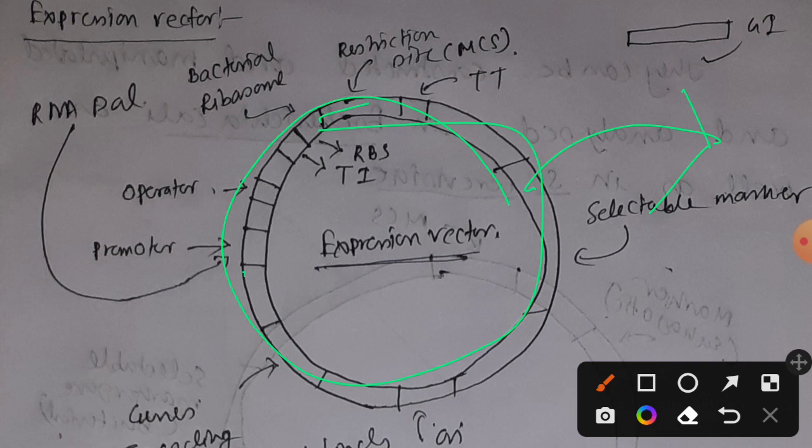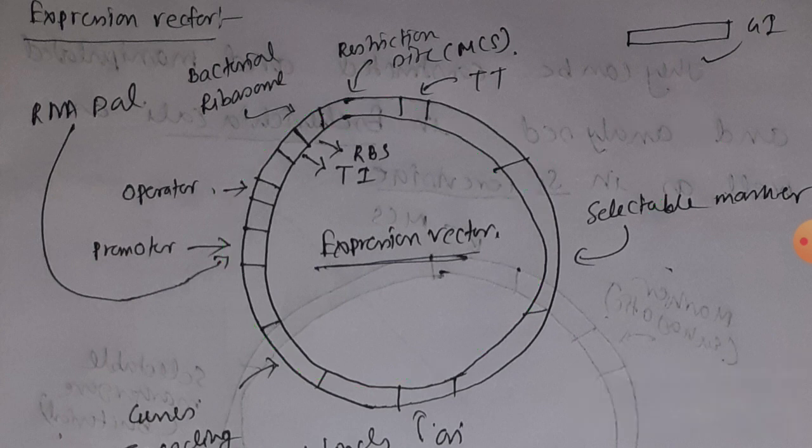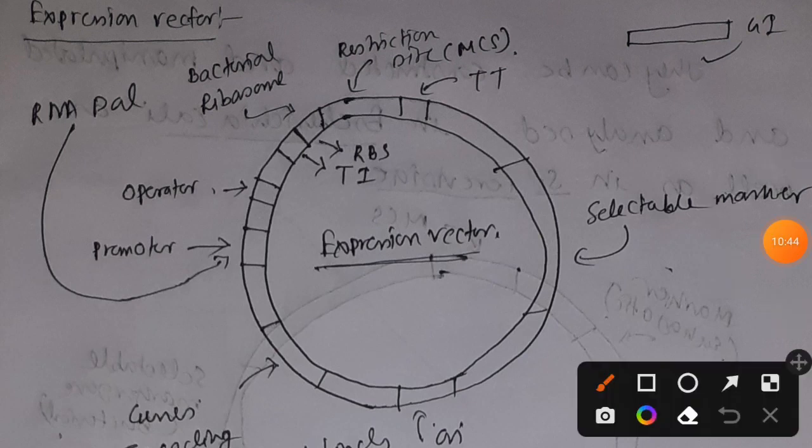Because remember, cDNA is made from RNA, mainly mRNA, right? So a DNA which is coming from mRNA should be devoid of non-coding sequences, right? That is the reason why we generally prefer cDNA when we want expression using a prokaryotic expression vector and prokaryotic host.